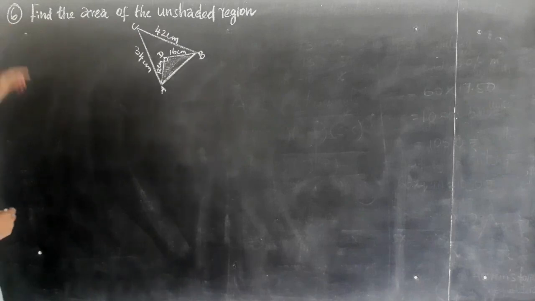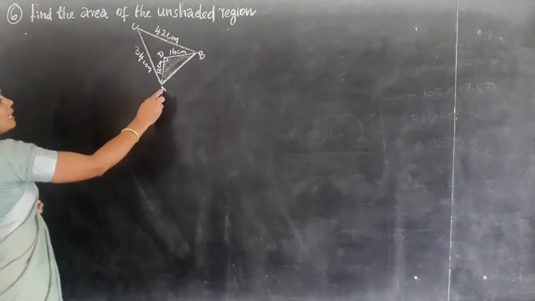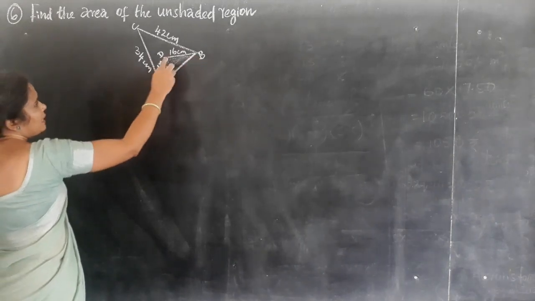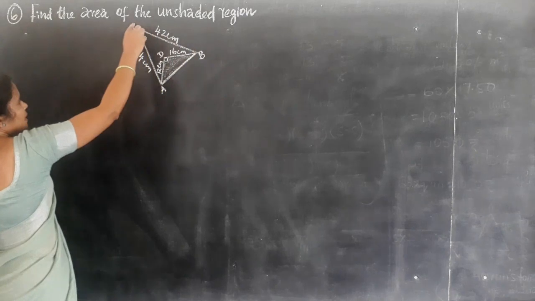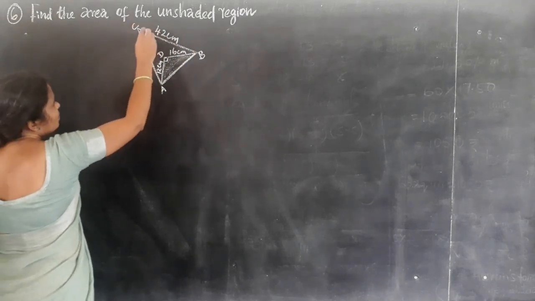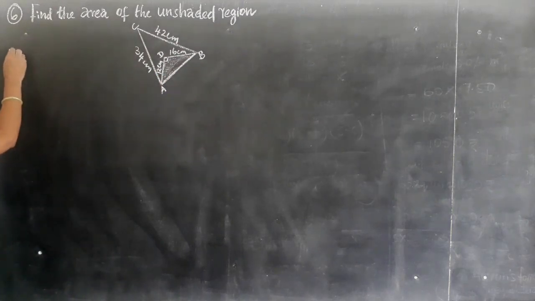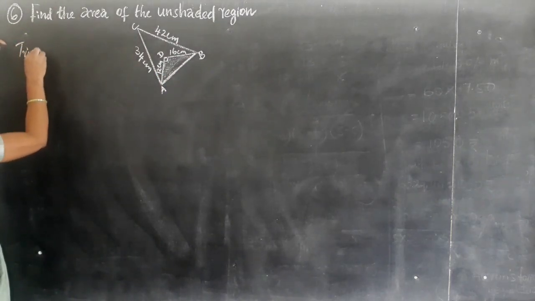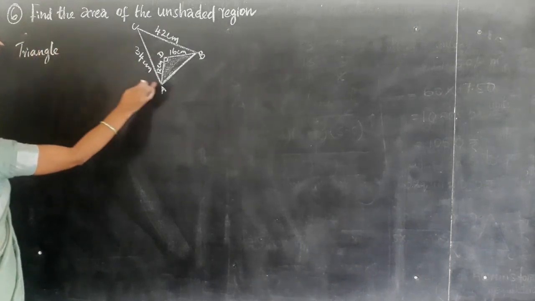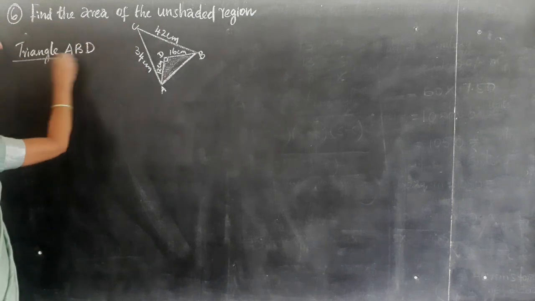Question number 6. Find the area of the unshaded region. Here we can see triangle ABD is shaded and triangle ABC is unshaded. So you have to find the area of the unshaded region. So now let us go with triangle ABD. Okay.